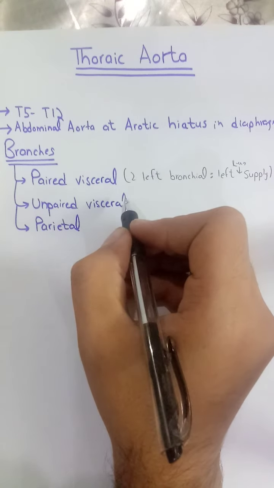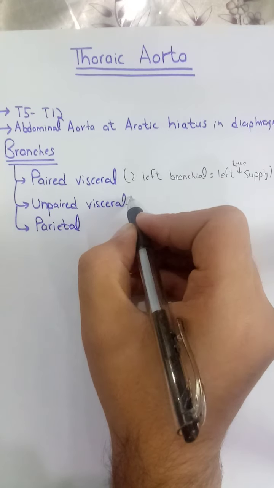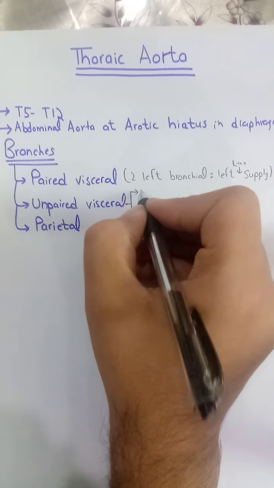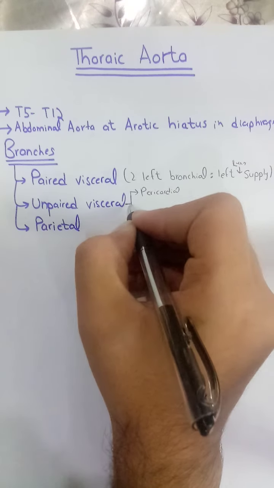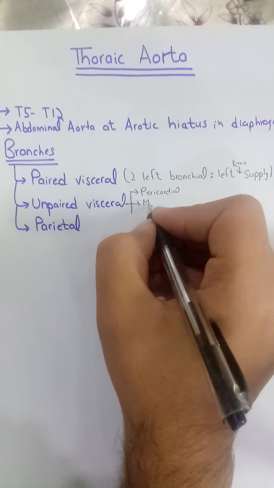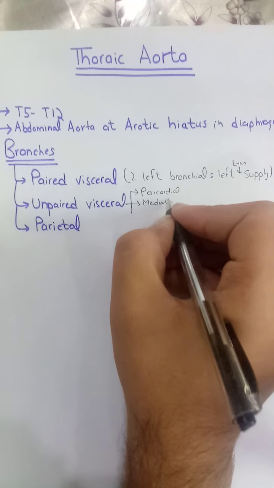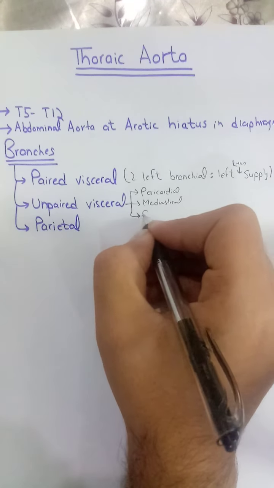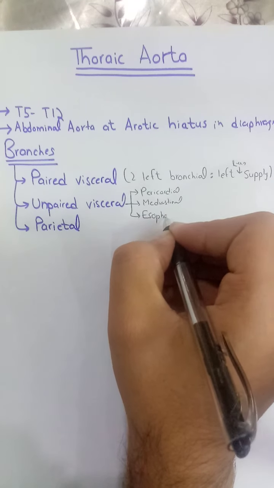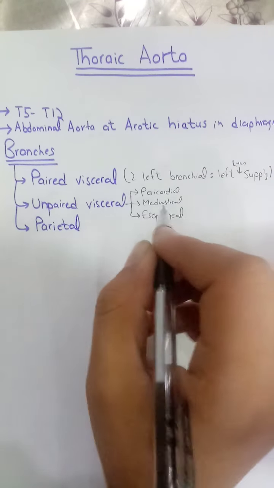Now we will discuss the unpaired visceral branches. These are three. The first one is pericardial, the second is mediastinal, and the third is esophageal.